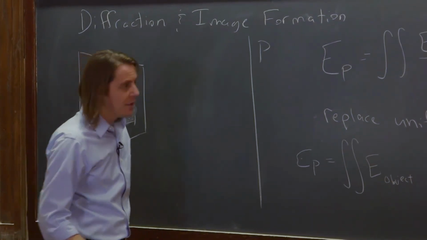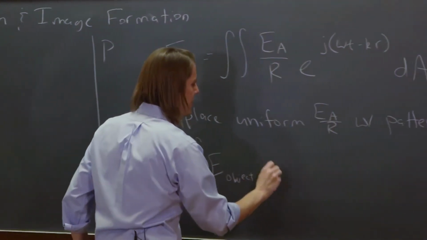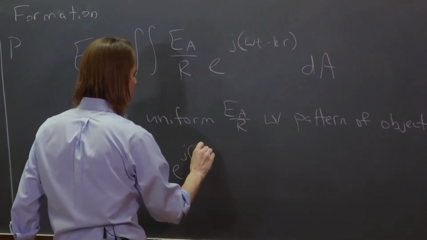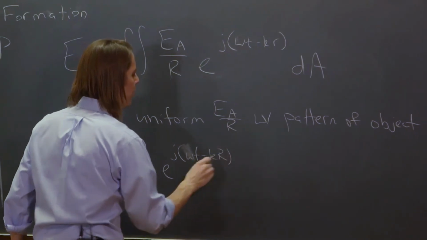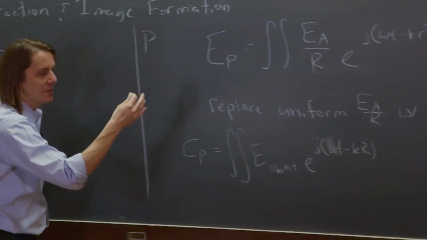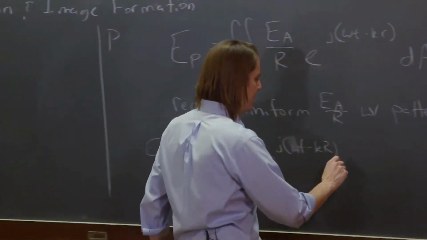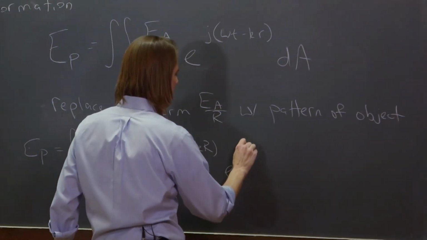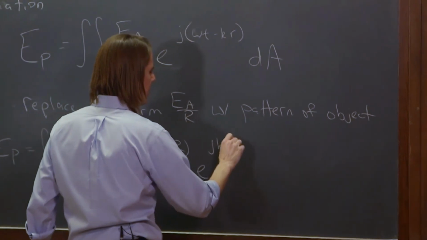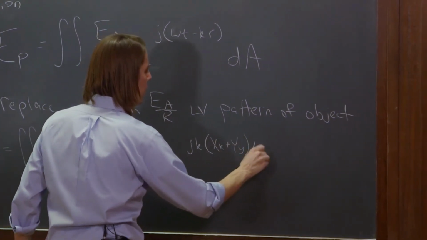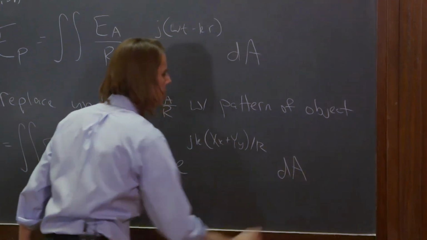And then that would be E of the object times e^(j(ωt − kR)). I'll write big R to remind us that we did have that phase factor figured out. It was e^(jk(XX + YY)/R), and then dA.